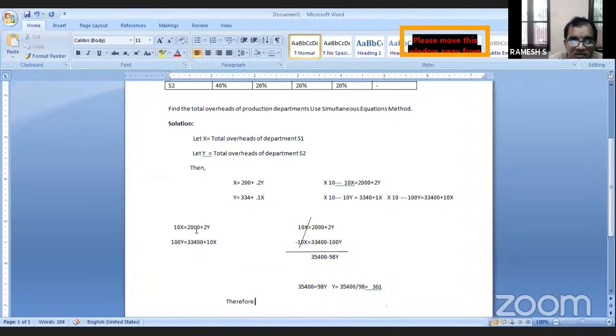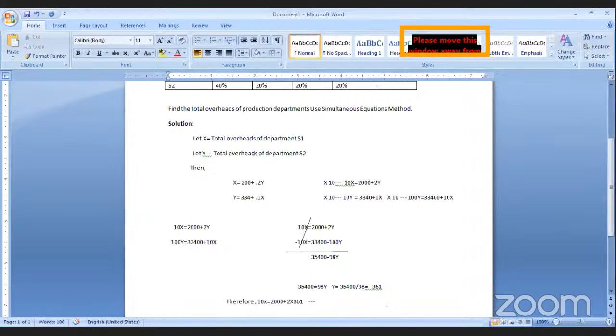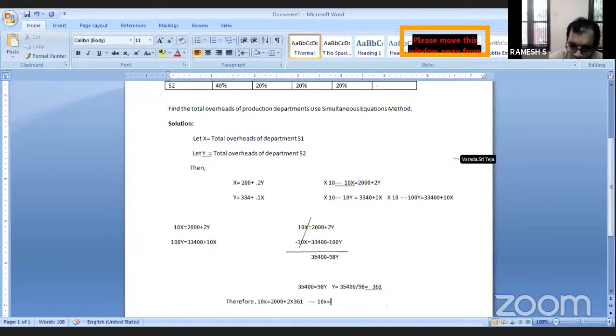In the first equation, we take the y value as 361. Therefore, 10x is equal to 2000 plus 2 into 361. So 10x is equal to 2000 plus 361 into 2.